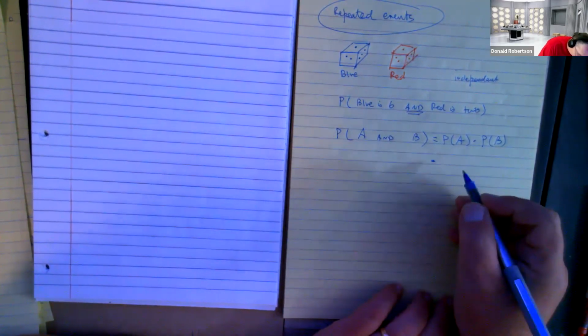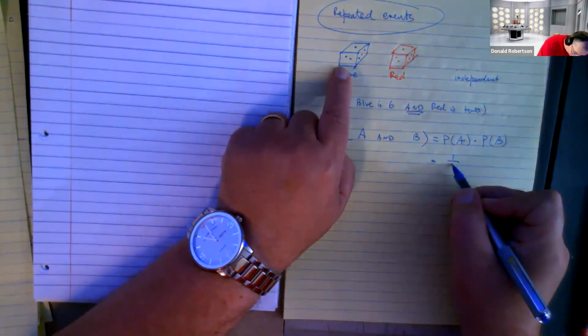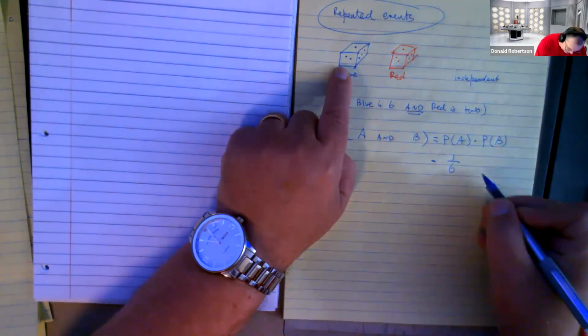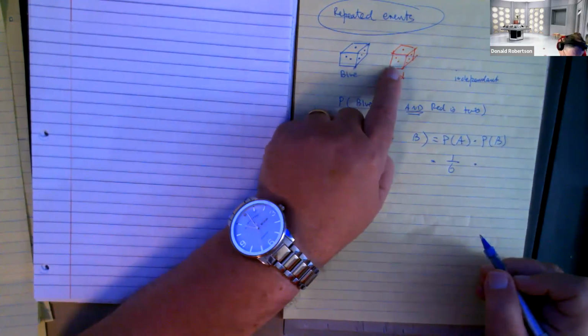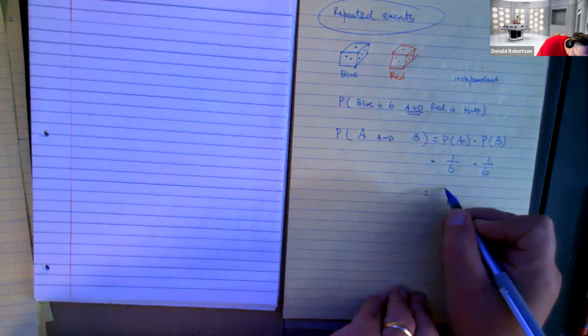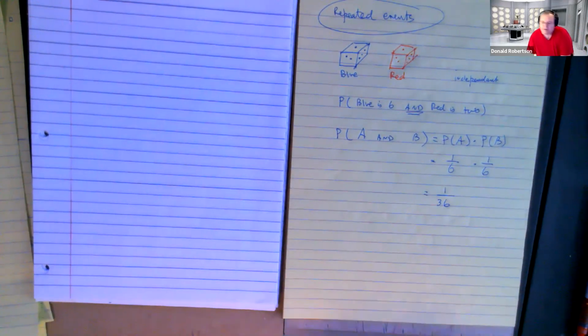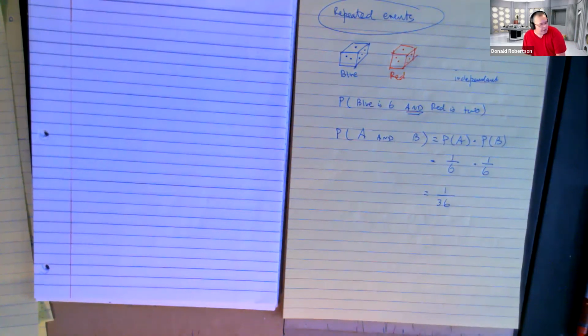So the probability that you roll a blue dice and it's a 6, isn't that 1/6? And the probability that you roll a red dice and it's a 2 is also 1/6. So the answer is multiplication, 1 out of 36. Does that seem reasonable, right? Two events, multiply them together.